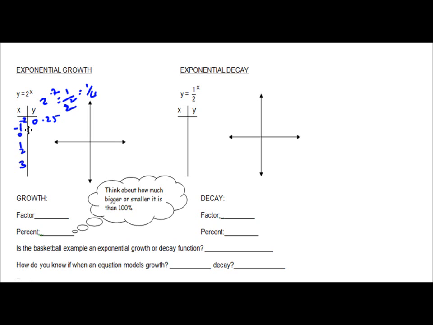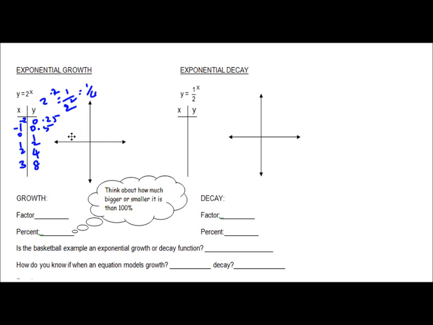Hence 2 to the power of -1 is half, so this is 0.5. 2 to the power of 0 is 1. Anything to the power of 0 is 1, remember? If x is 1, it is 2 to the power of 1, which is simply 2. If x is 2, it is 2 squared, 4. If x is 3, 2 cubed, 8.